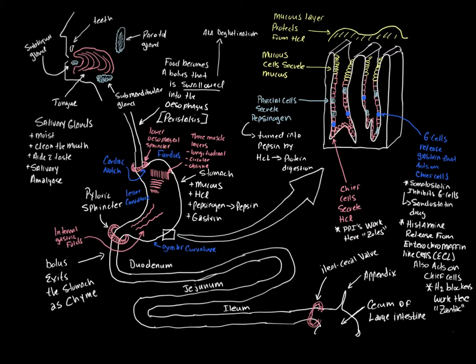So, just to kind of review, you have histamine that gets released, and you have these G cells that release gastrin. The gastrin then acts upon the chief cells, causes them to release hydrochloric acid, and then that hydrochloric acid can go on to activate pepsinogen and convert it into its active form pepsin, and the pepsinogen is released by the parietal cells here.